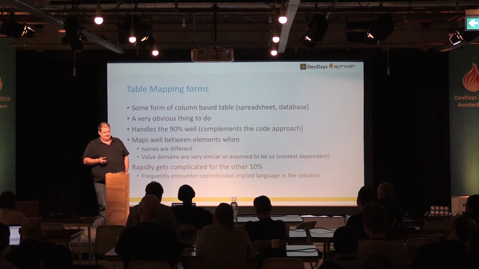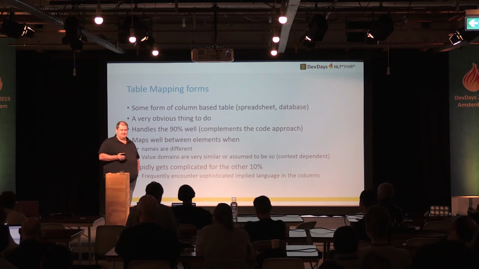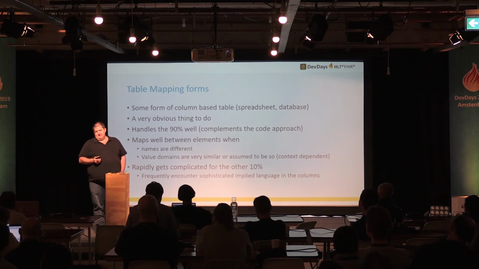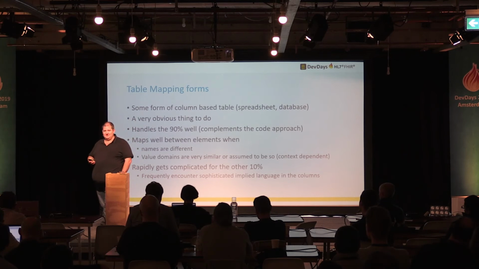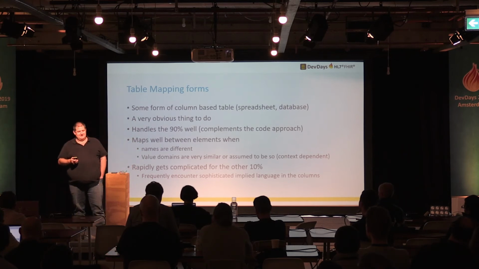But once you start getting into variable value domains and mismatched requirements and conditional logic and so forth, it starts to get difficult. And then what you see, and I love seeing this, is you start seeing people making up ad hoc DSLs, micro DSLs inside their mapping tables to start adding complexity as they run into the stuff they kept kicking down the road.